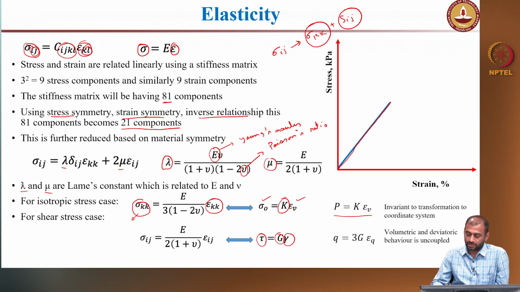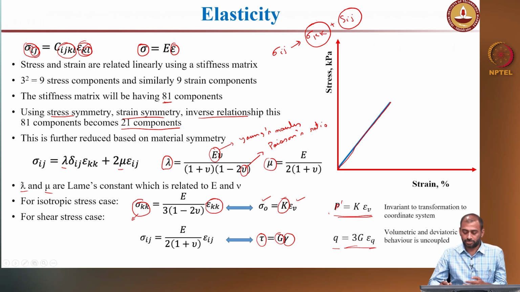Typically, since in the critical state framework you use p and q, p prime is equal to K into epsilon_v. Similarly, q is equal to 3G into epsilon_q. So this is the relation between mean effective stress and the volumetric strain, deviatoric stress and deviatoric strain.